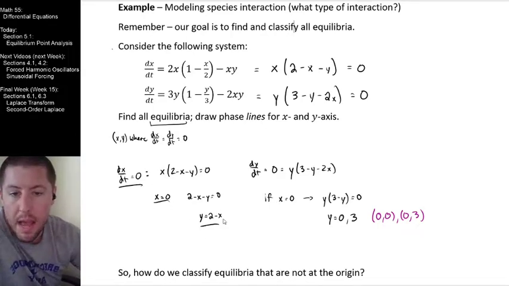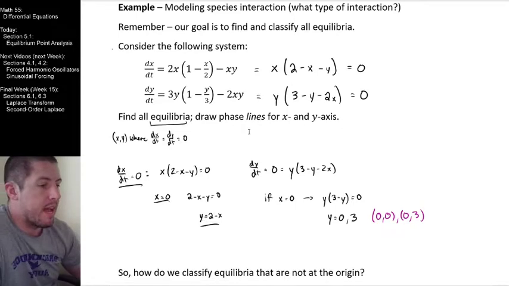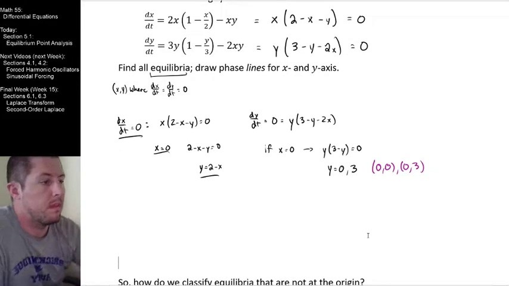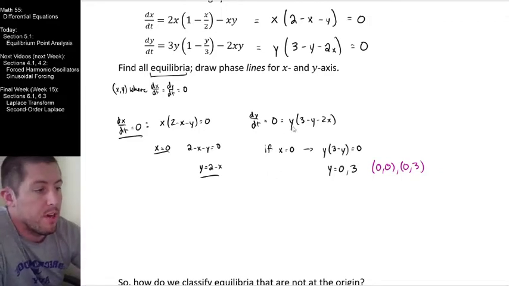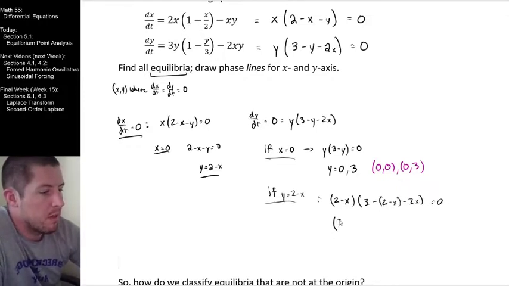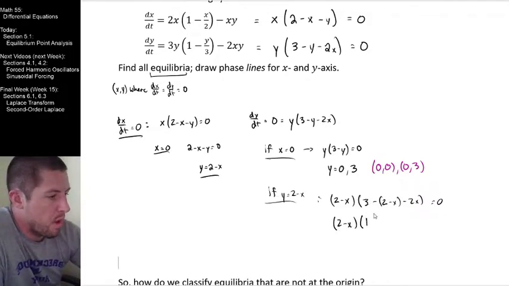Now I want to say, what happens if y is equal to 2 minus x? And we should notice that y could be equal to 0 here instead. Then we're going to get (2 minus x) times (3 minus (2 minus x) minus 2x) equals 0. I'm going to get (2 minus x) times (3 minus 2 is 1).